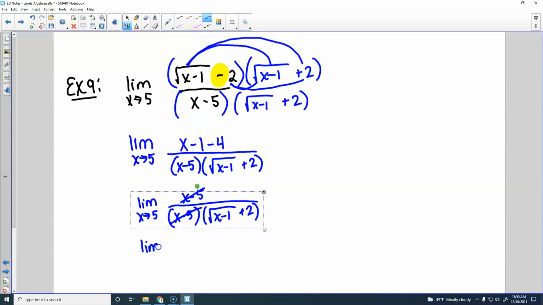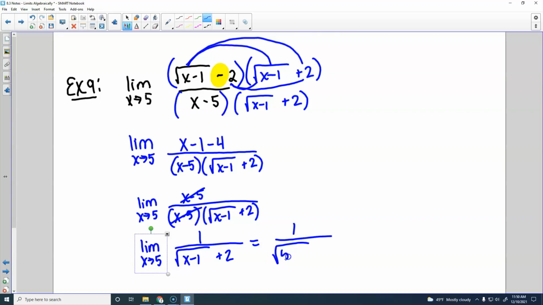So I have the limit as x approaches 5 of 1 over the square root of x minus 1 plus 2. Now I want to try to plug in my 5. Square root of 5 minus 1 plus 2 is going to be 1 over square root of 4 plus 2, which is 1 over 2 plus 2. Which gives me 1/4.